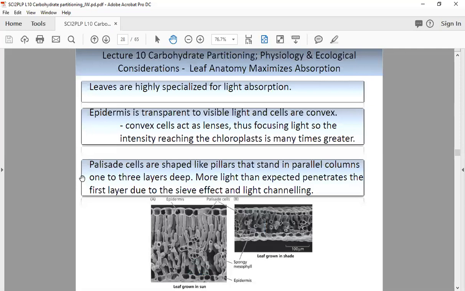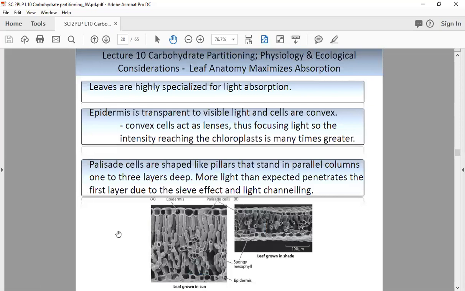Below the epidermis, we have the mesophyll cells, both palisade and spongy mesophyll. The palisade mesophyll cells are photosynthetic cells that are packed closely together, and they're shaped like pillars, as you can see down here. And they're often found forming 1 to 3 layers deep.